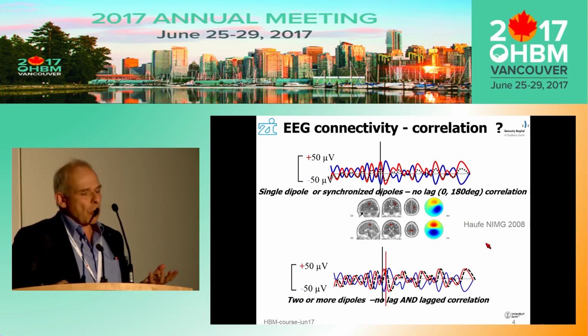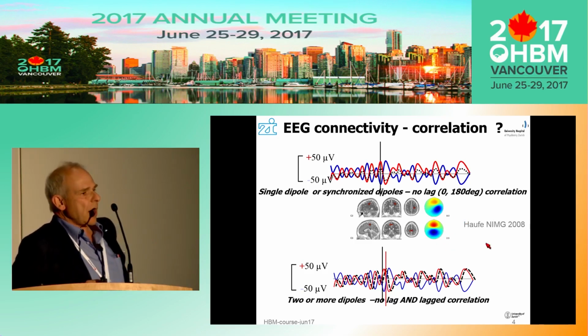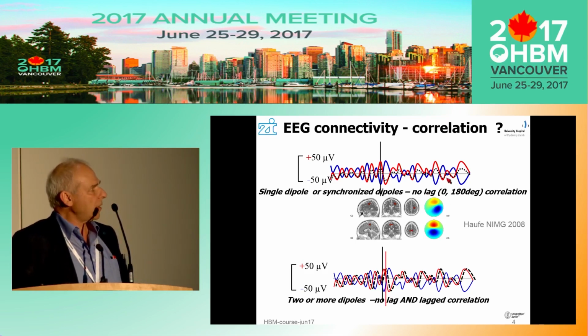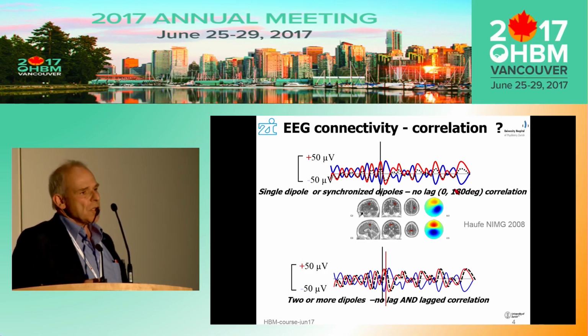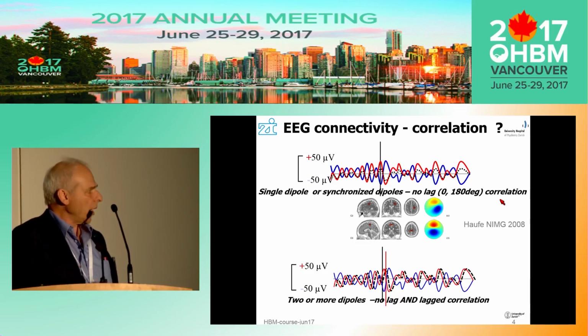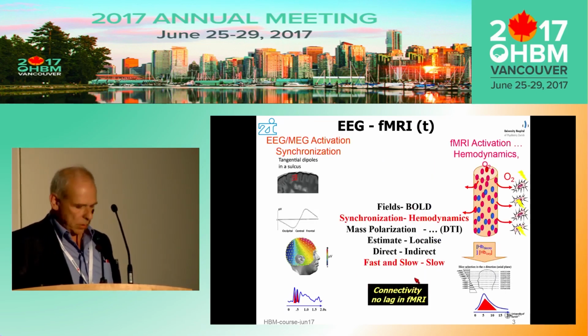So the core concept is that either you have a very robust and precise source solution, or you have to deal with the fact that the synchronization correlation you're observing reflects physiologically meaningful correlation plus physical volume-conducted correlations.